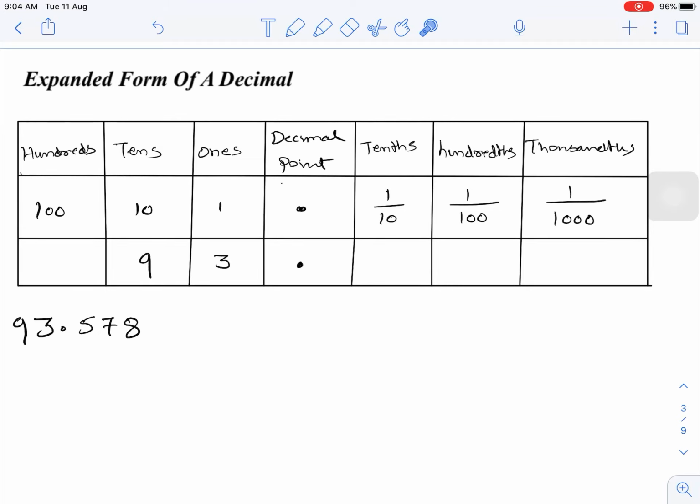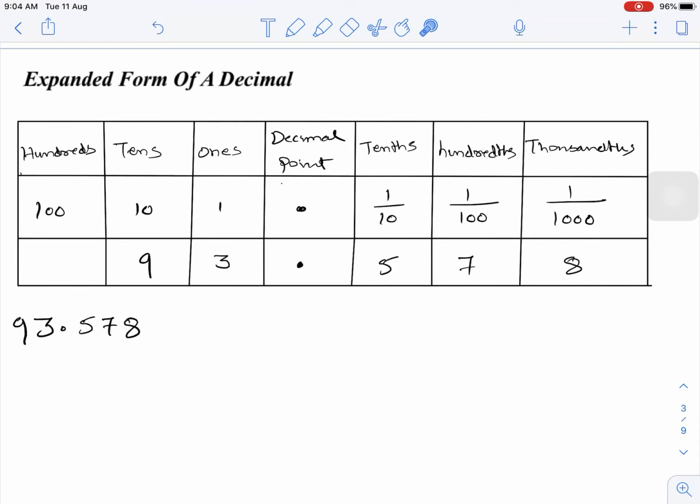To the right of the decimal, the first digit is 5, so we write that 5 here. The next digit is 7 and the next one is 8. Now what is the place value of this 8? We will say its place is 1/1000. 7 is 1/100, the place value of 5 is 1/10. The place value of 3 is ones, the place value of 9 is tens. Here we have to learn about the place value.